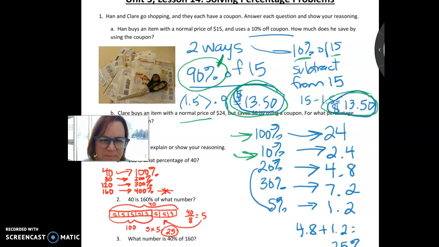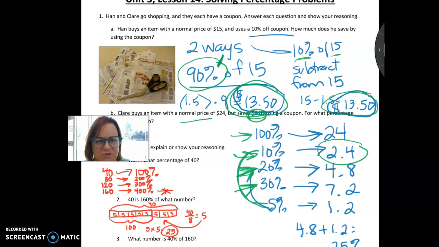So if 10% would be $2.40, then I know 20% would be $4.80. What I'm trying to get to is that $6. I'm not there yet, but I see that I'm getting pretty close at 20%. If I go to 30%, I'm at $7.20, and that's too high. So I know it has to be between 20 and 30, so let's try 25. 5% relates really nicely with my 10%, so that's $1.20.